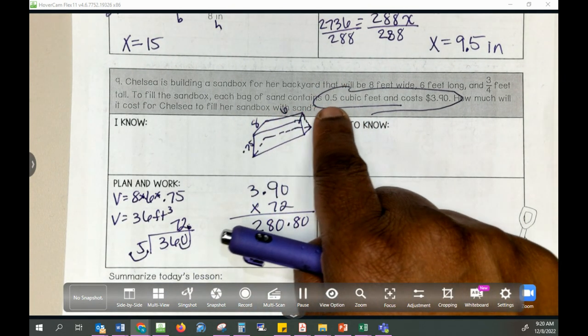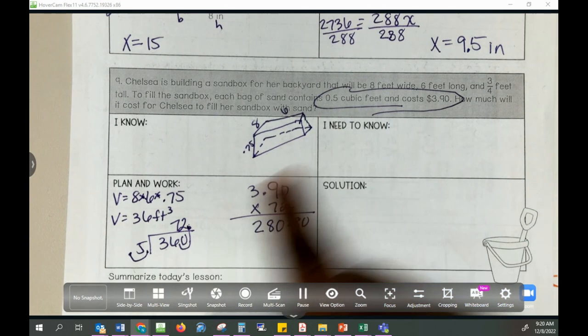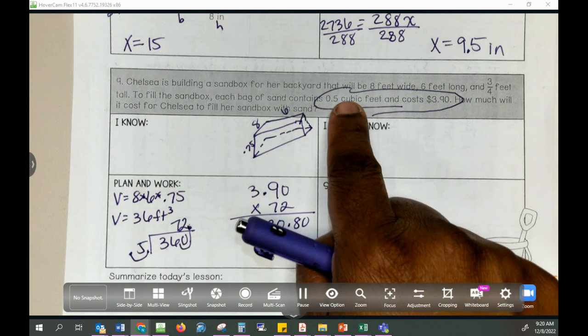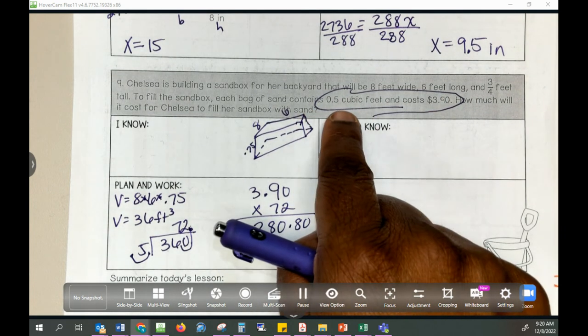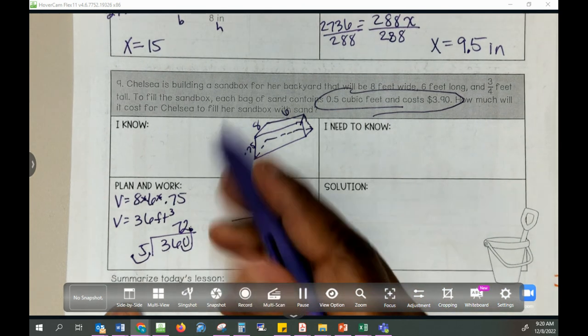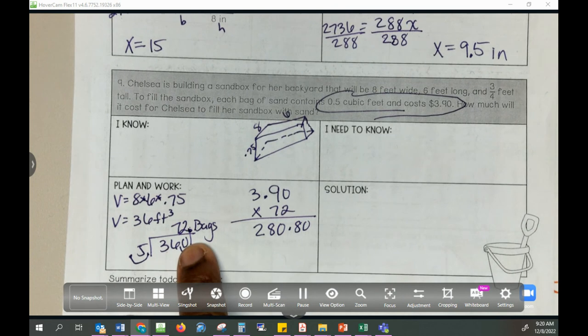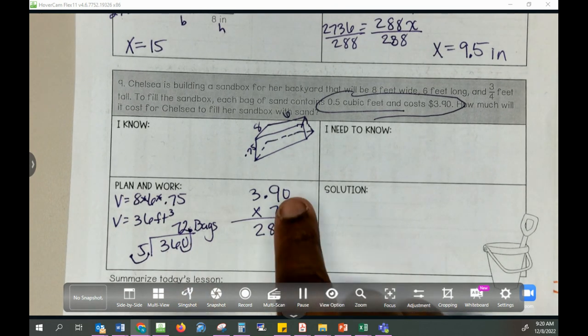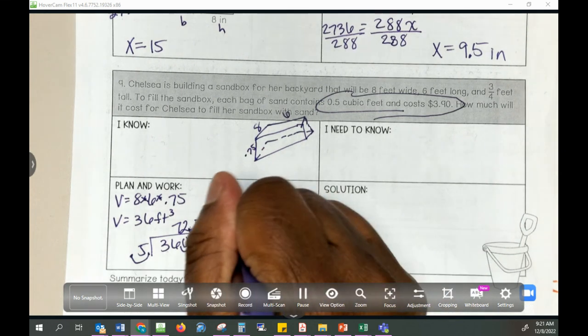It says that if each bag is 5/10 cubic feet, then what does that mean I need to do? I need to know how many bags I need. So before I can buy the bags, I got to know how many bags I need. So this 72 tells us how many bags we need. We need 72 bags. Once I know how many bags, now I can see how much that is going to cost me.